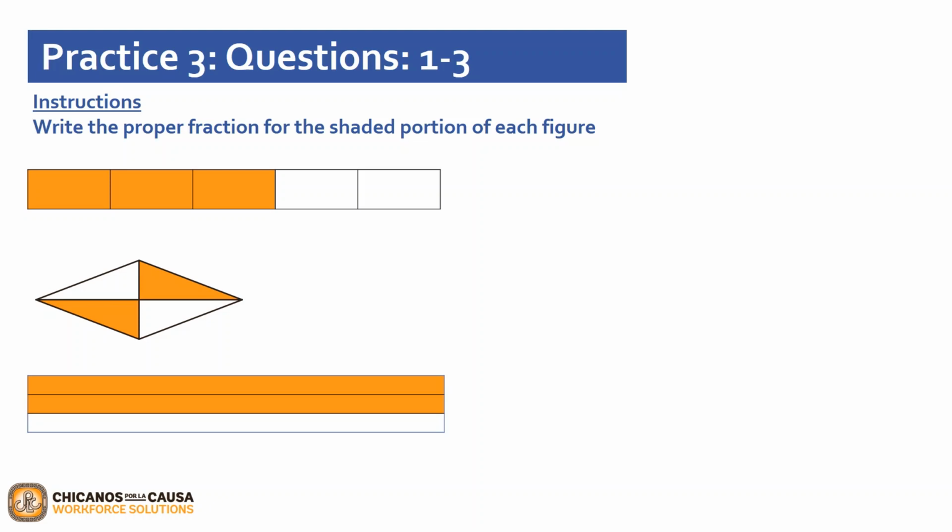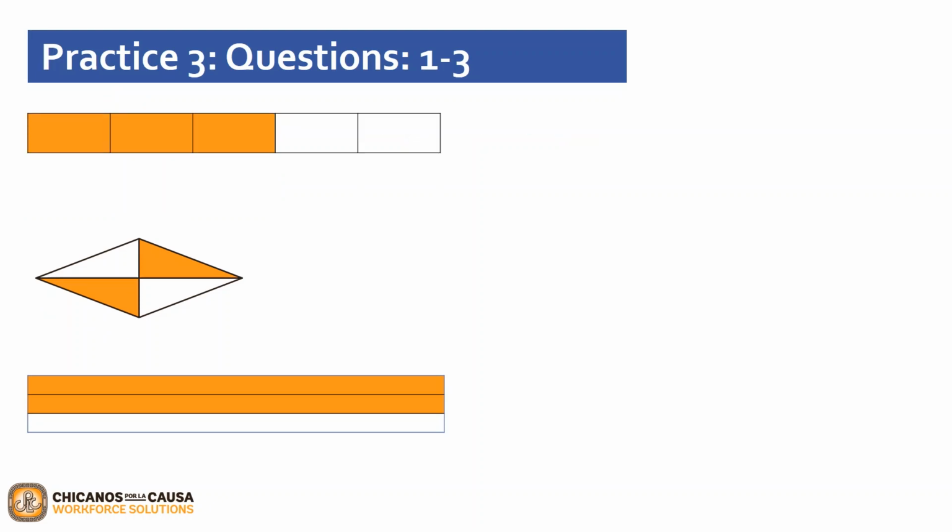Okay, welcome back. Let's go ahead and work through these together. We're going to start with the very top graphic. So here we have a rectangle that is split into 5 parts. Now, remember that in a fraction, the entire whole is equal to the denominator.